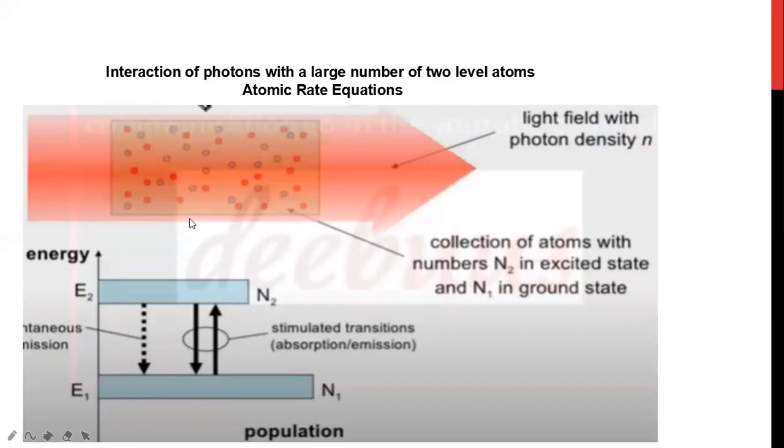Say this is a resonant cavity. We had already discussed the resonant cavity yesterday. So in the resonant cavity of the laser, we are providing a gain medium with E2 and E1 energy levels.